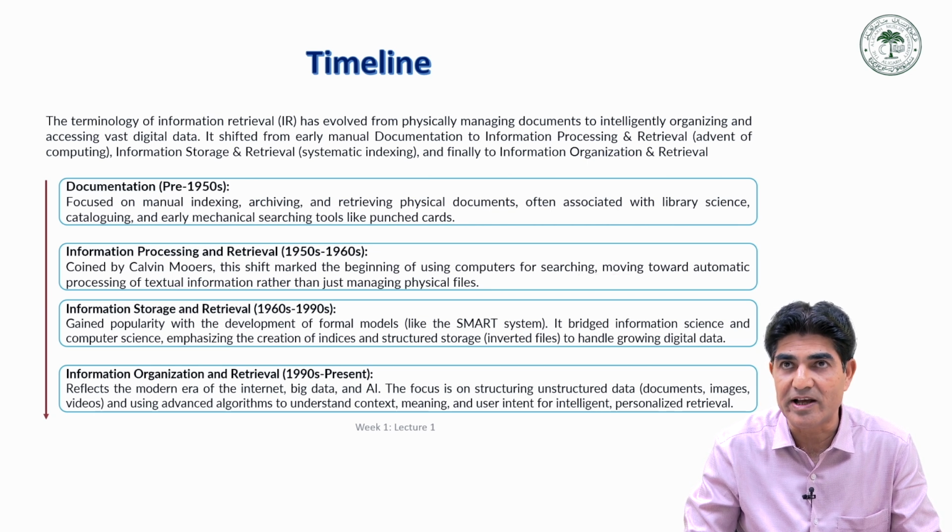One of the renowned projects is the SMART system, which was developed for retrieving information in a particular subject domain. It bridged information science and computer science, emphasizing the creation of indices and structured storage, that is, inverted files, to handle growing digital data.